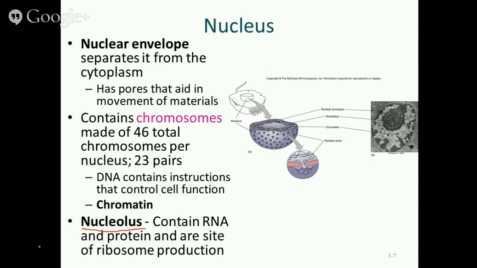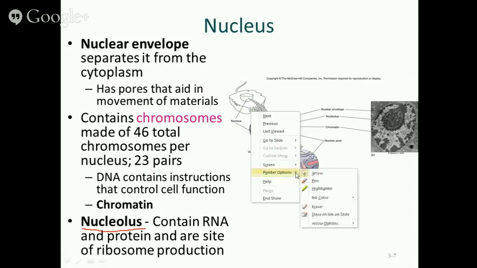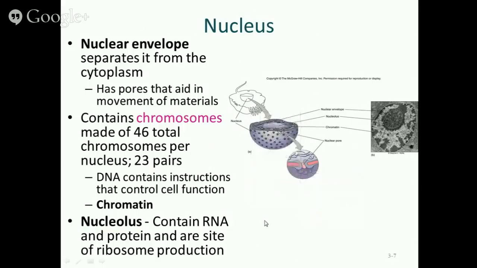So what really happens when we want to make a copy of something, say we want to make a hormone like insulin, okay? Where is that going to come from? If we have a gene for that in our DNA, let me go to this end picture again.